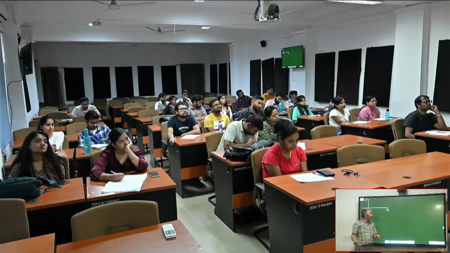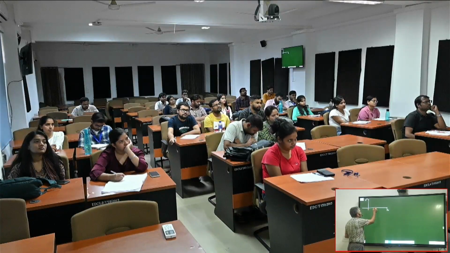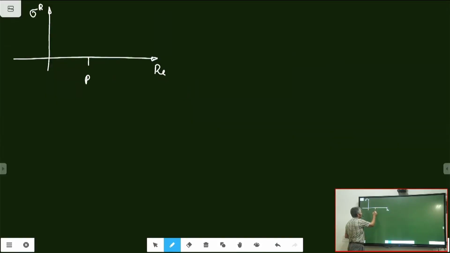So the bottom line is that if you eventually locate the critical Reynolds number here, then by that time you have already visited all these points. Okay, you already visited all these points before you were here, and in particular you visited these points.